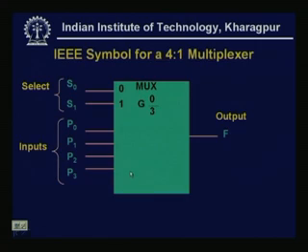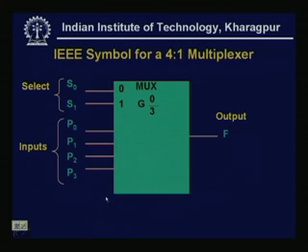In the answer, we see that we have already discussed the 4 to 1 multiplexer design. It has 2 select lines, 4 input lines, and 1 output line, and this is the IEEE symbol for the 4 to 1 multiplexer. We will use this multiplexer to design a 4-bit shifter.